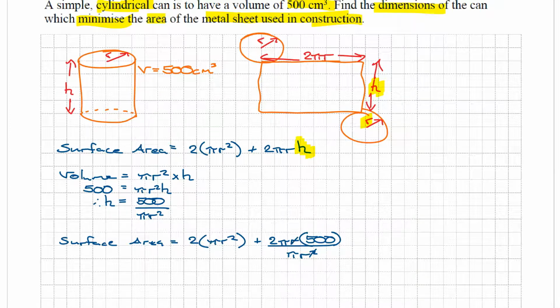So that's going to cancel, that'll cancel, and then it's simply 2 pi r squared plus 1000 over r, and rather than writing over r, we will simply do it as r to the negative 1.